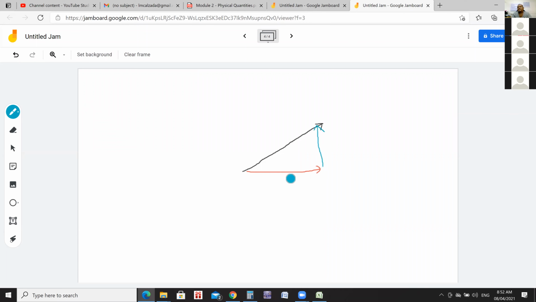The effect of the two forces equals the same. That means, if I add my two component forces, I will have a resultant force here. It's the same. I can use this one or these two.